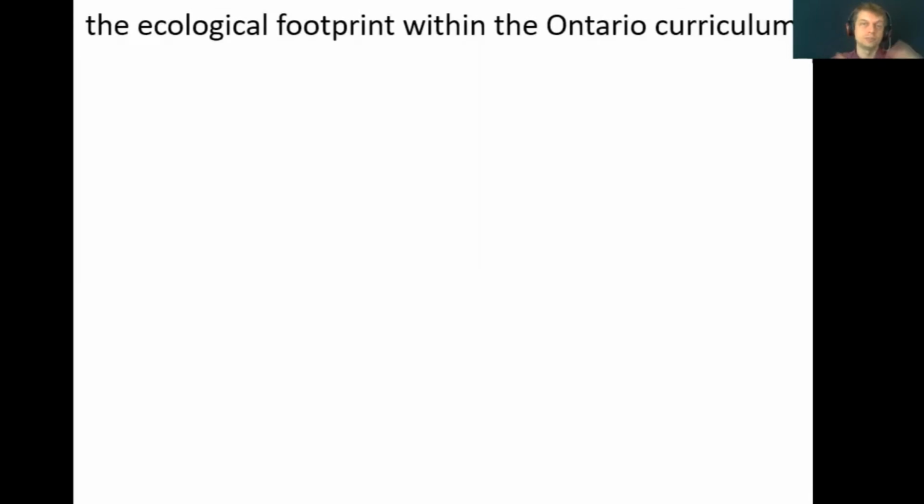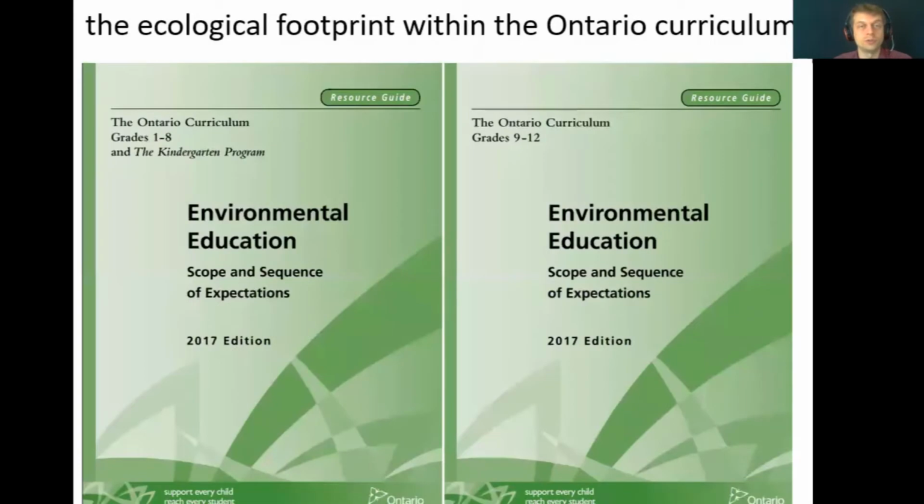The ecological footprint within the Ontario curriculum has been positioned. I'll just make reference to two documents here. These are provided by the Ministry of Education. They're both about ways of infusing environmental education into the standard curriculum. And for the first guide, which is covering grades 1 to 8, there are 4 examples provided in that guide.